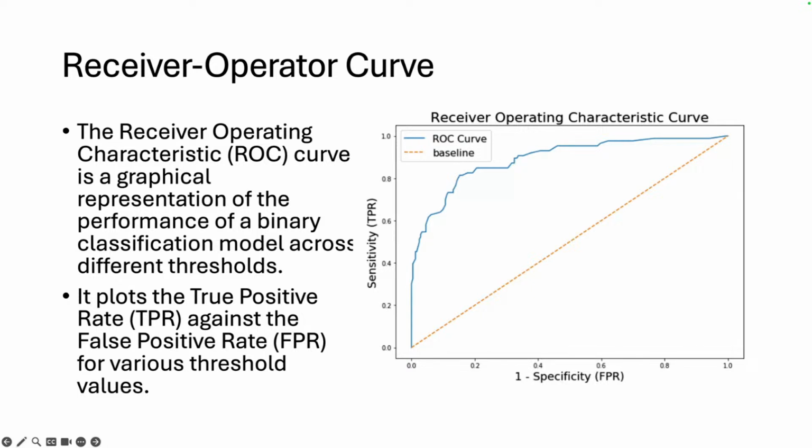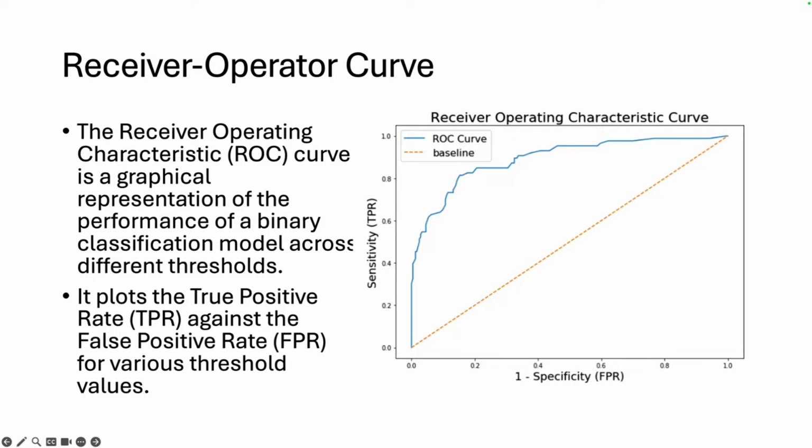What if we took that to the extreme and did the accuracy at 0.1, 0.2, 0.3, 0.4, 0.5, and then plotted that on a chart? And then what if we took the area under that? So this is the receiver operator curve, the ROC curve. It's a graphical representation of the model's performance across these different thresholds.